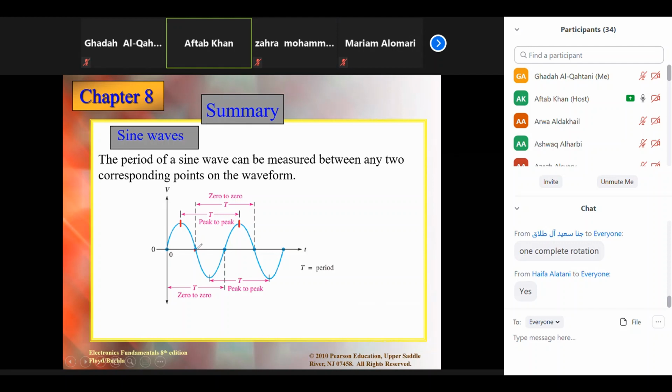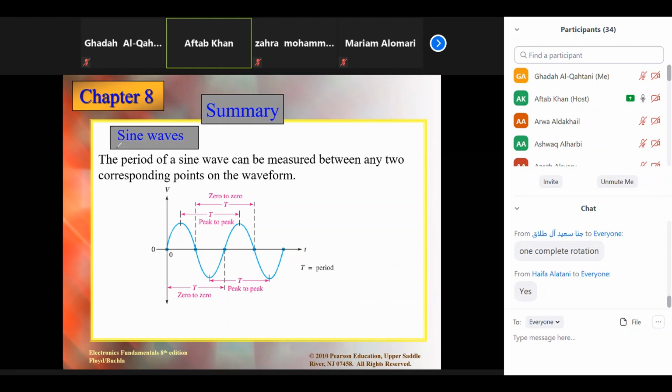I can measure from this minima to this minima, corresponding, right? This also gives us the time period. I can also measure negative peak to negative peak. So you can measure the time period at different points. This is what we call time period, and how we can measure it at different points.